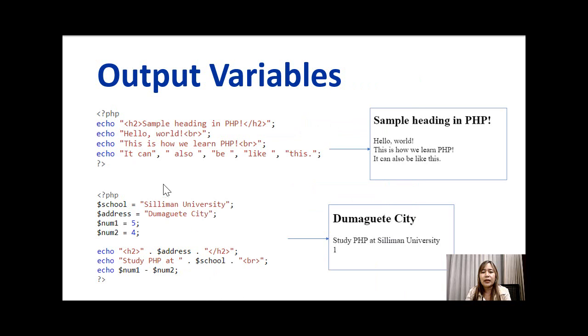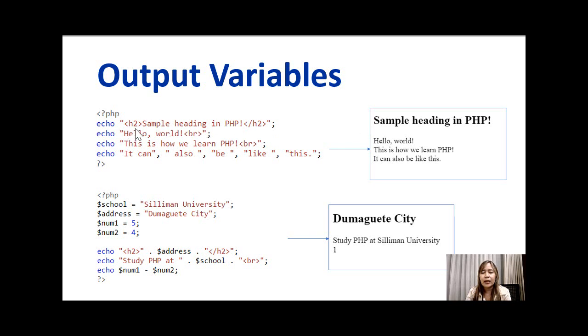So another example here is that you have inside your PHP code, h2 /h2. What happens here is it will not only be displayed in a normal format, but it will be converted into header 2.